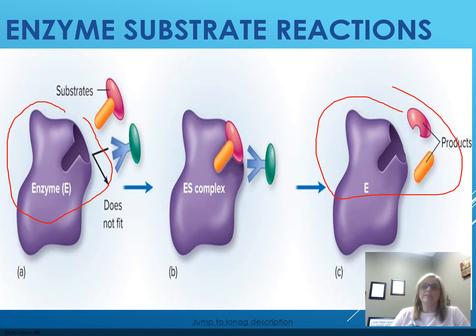Enzymes also can often catalyze directions in both ways. And so you could put these two pieces in here and go back and reform it into one, because it's still going to fit. It's still the same substrates, basically. But we usually look at them in one direction just to kind of simplify things, although sometimes they are reversible. Just kind of FYI there, okay? So at the end, the enzyme is free to interact with another substrate.